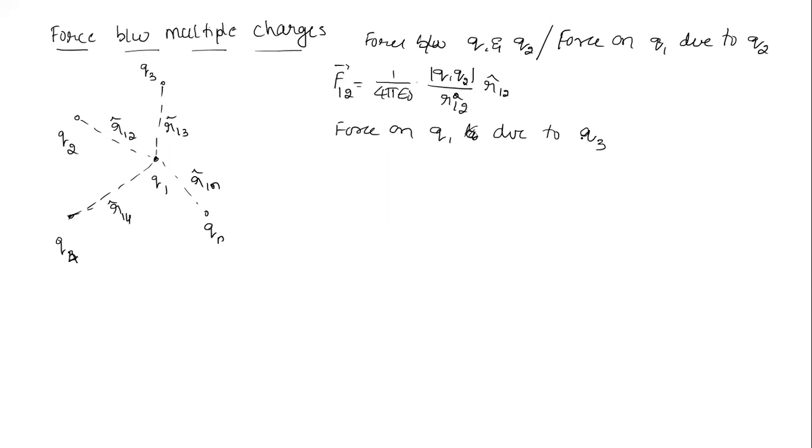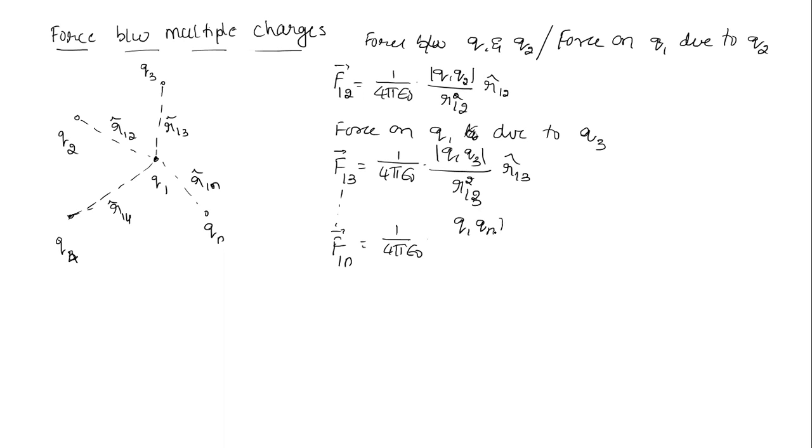Now force on Q1 due to Q3. It will be F13 vector, that is equal to 1 divided by 4 pi epsilon naught Q1 Q3 its magnitude divided by R13 square into R13 cap, and this will continue. That I can say force on first one due to nth charge is given by 1 divided by 4 pi epsilon naught Q1 Qn divided by R1n square into R1n cap.